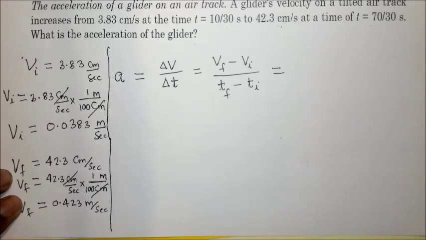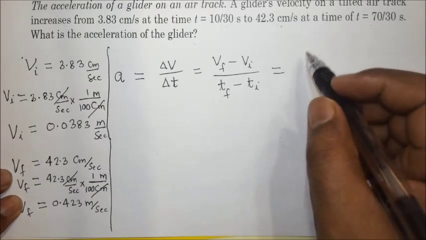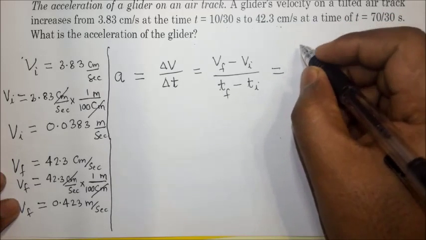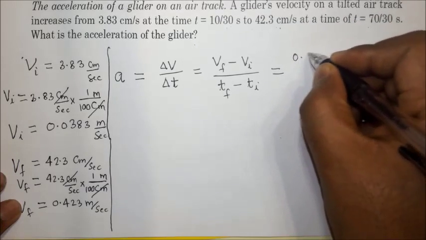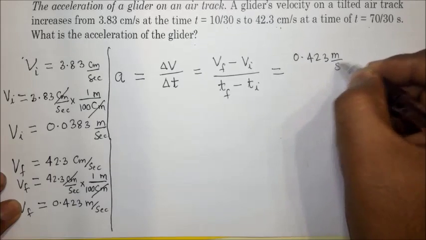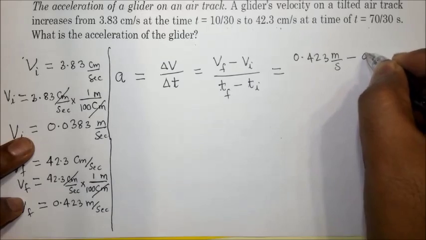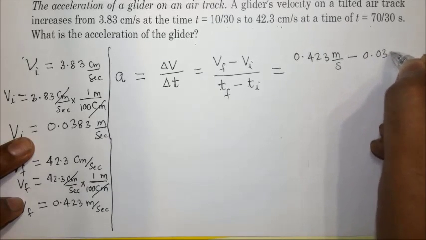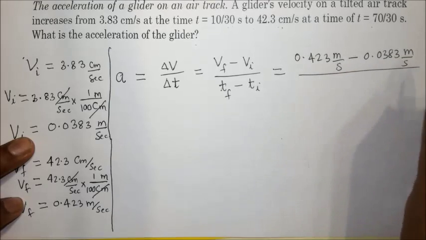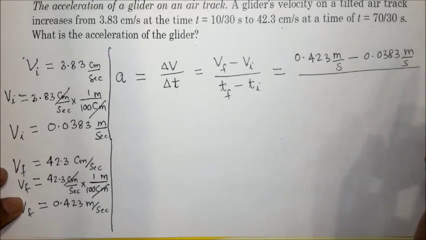So let's put these values. 0.423 meter per second minus 0.0383 meter per second over T final.